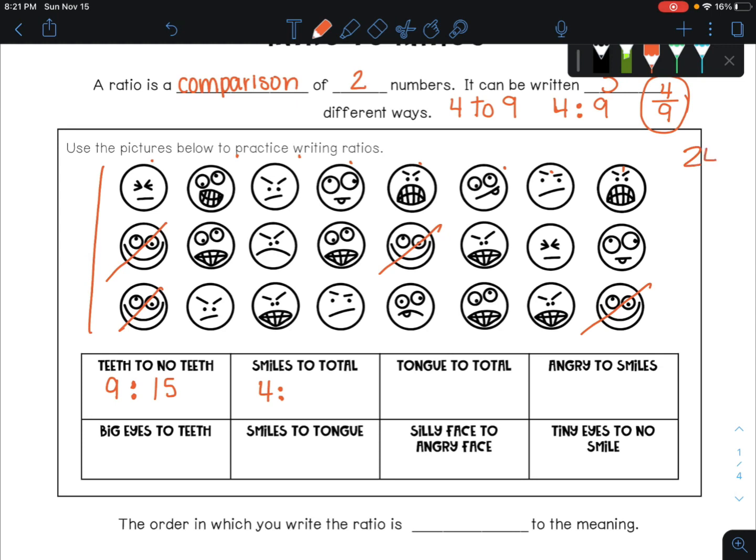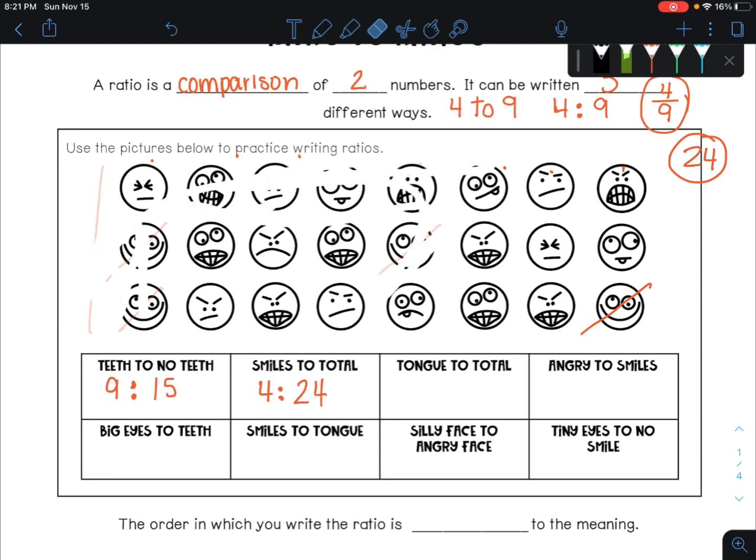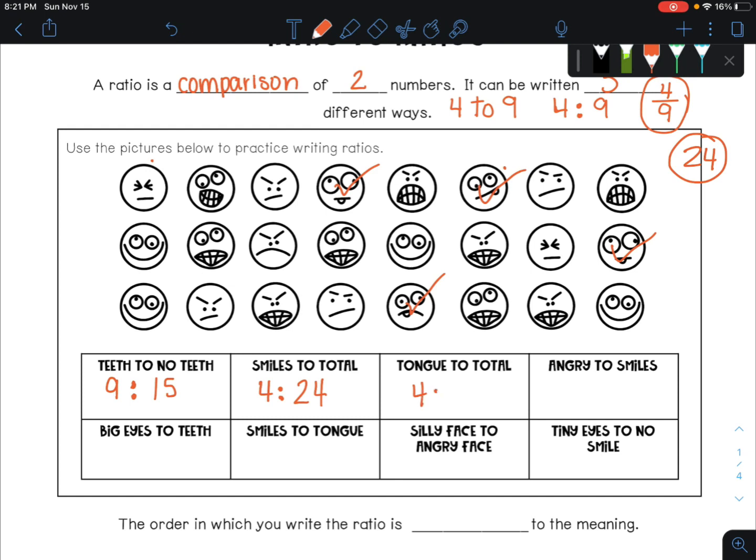So the total is 24. Okay? All right, how about tongue to total? So ones with their tongue out. We've got, let's see, 1, 2, 3, 4. And then again, the total was 24.